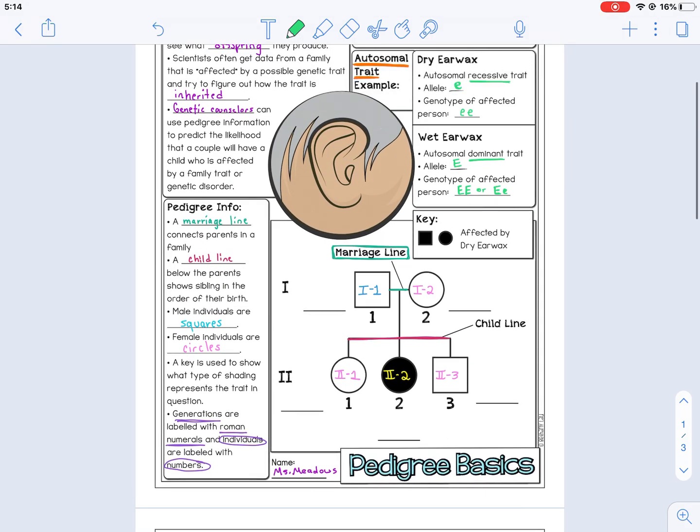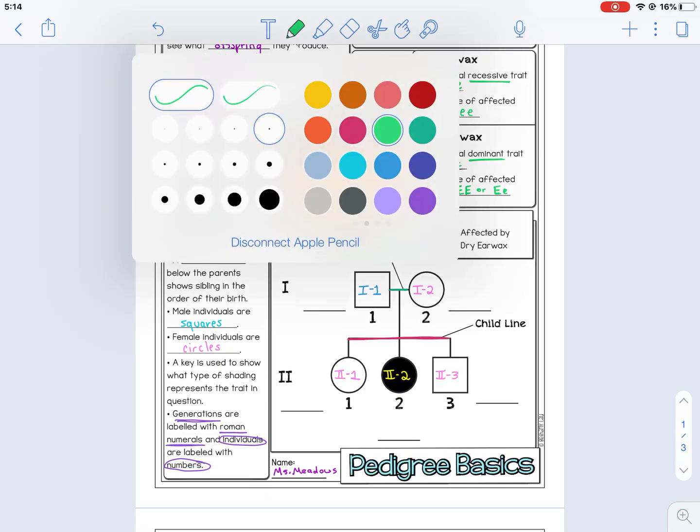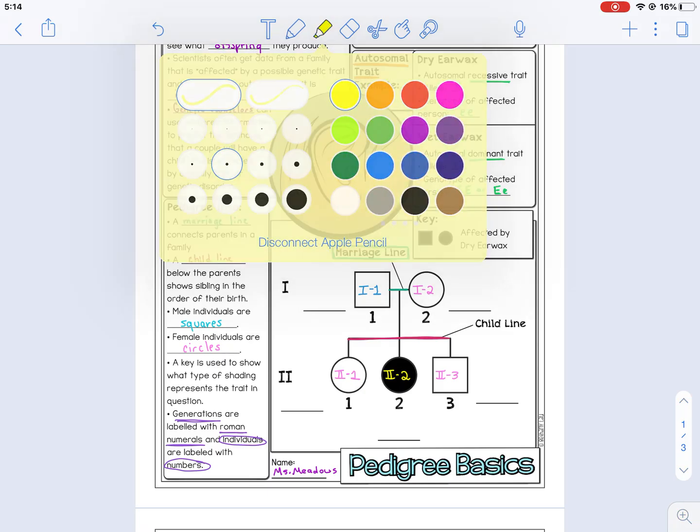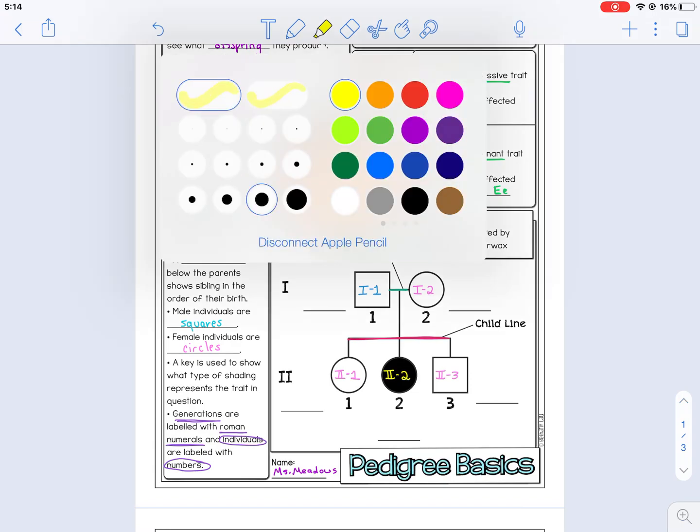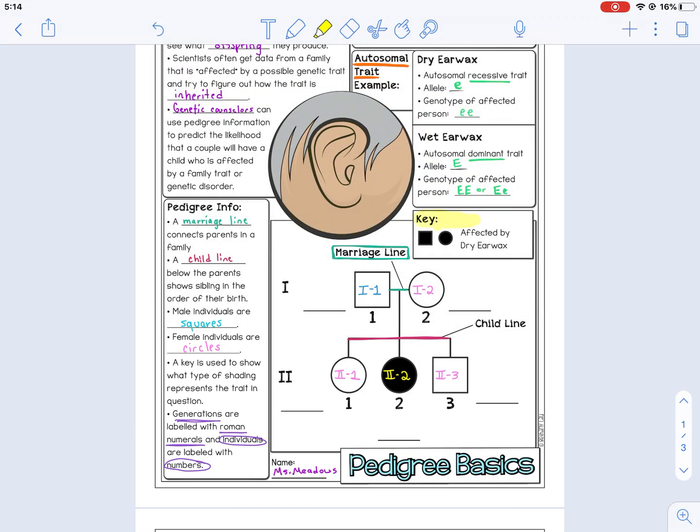So in this case, our key states that if the square or the circle is filled in, that means that the person is affected by dry earwax.